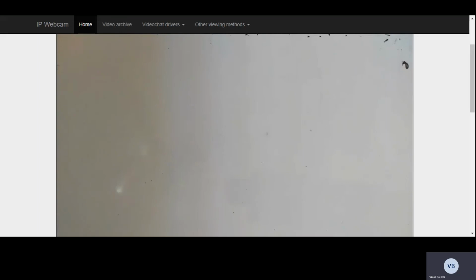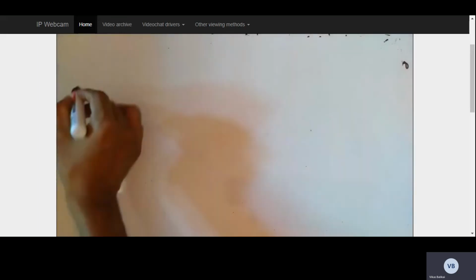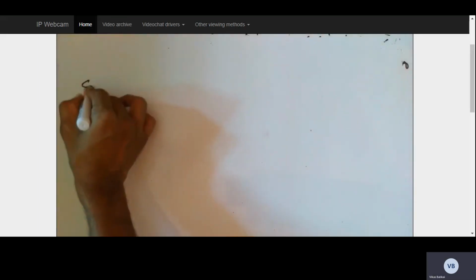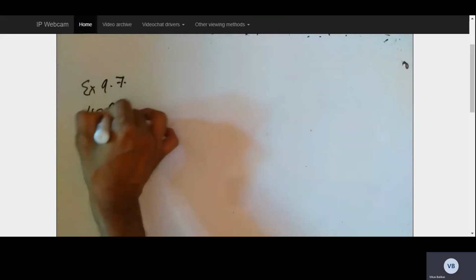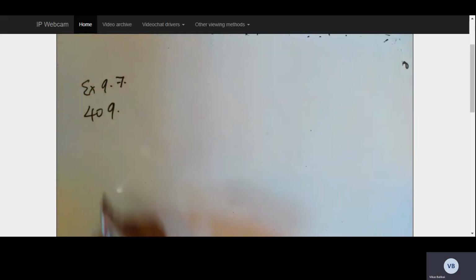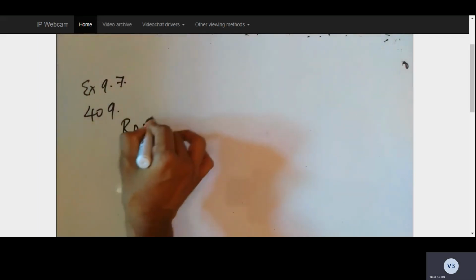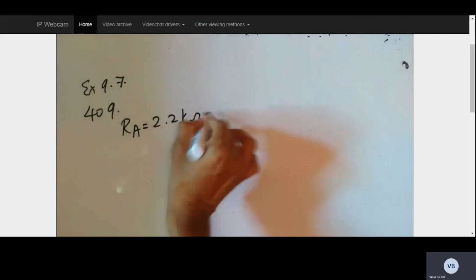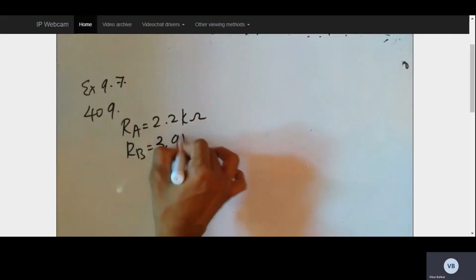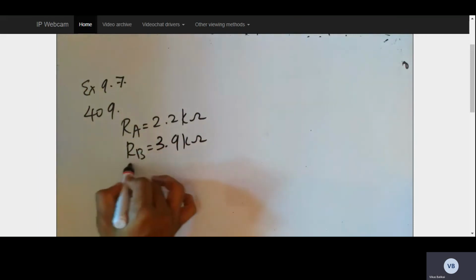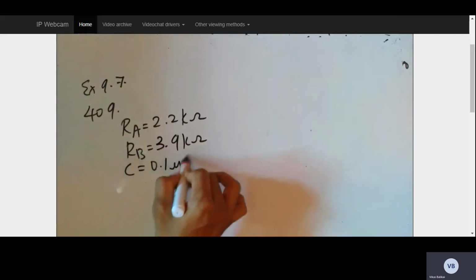Now let's quickly jump into one numerical. This is example 9.7 from page number 409 of the textbook. In the astable multivibrator, RA value is 2.2 kilo ohm, RB value is 3.9 kilo ohm, and C is 0.1 microfarad.